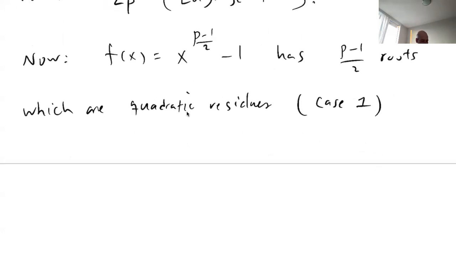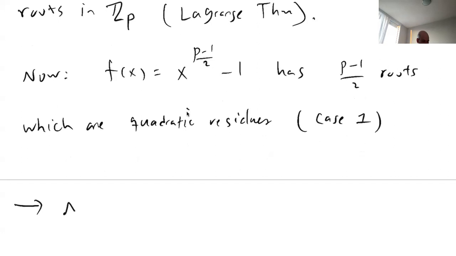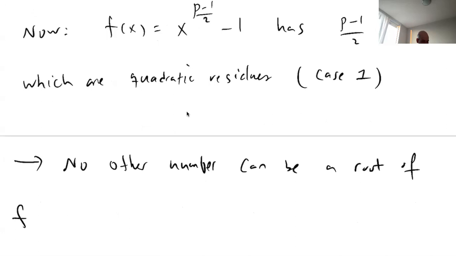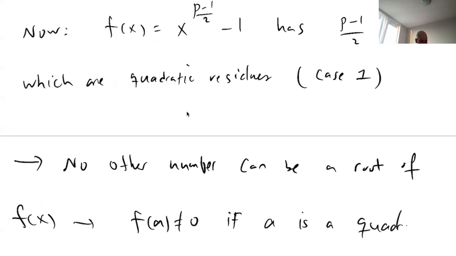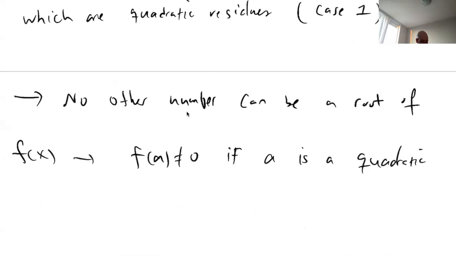So that means no other number can be a root of f of x. So that means f of a not equal to 0 if a is a quadratic non-residue.